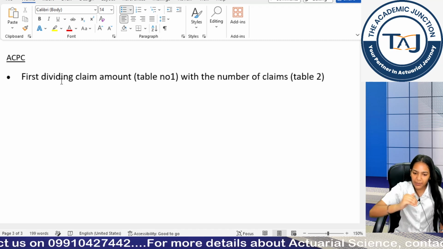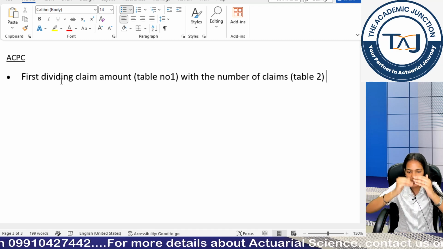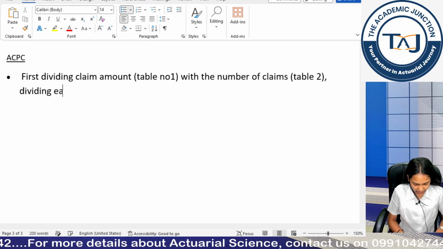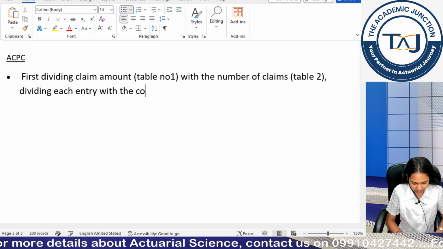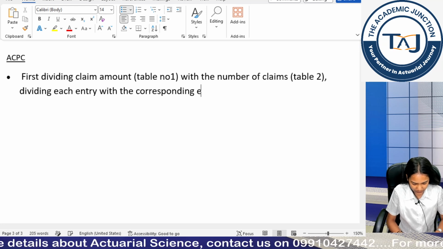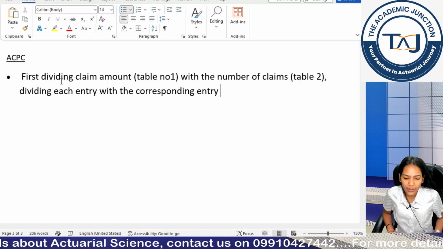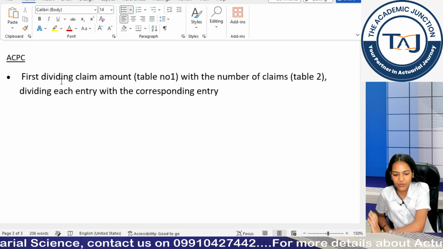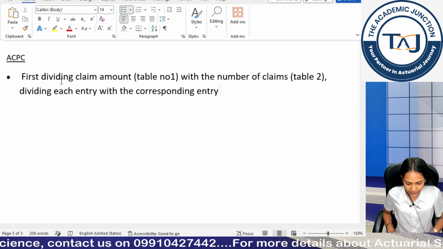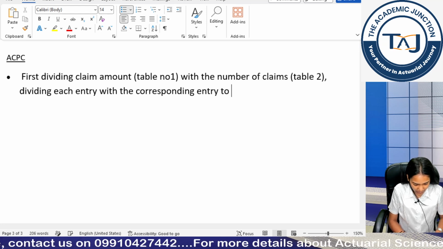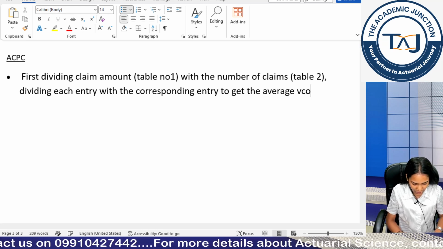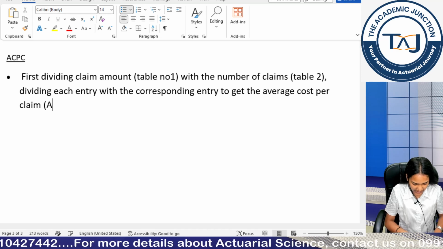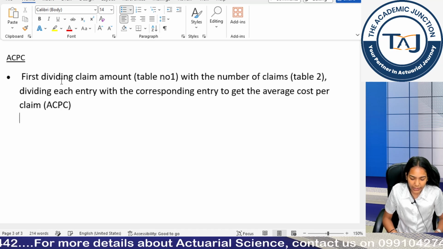You will be arranging one table below another, no? That's why that becomes my first table, second table, third table, okay. So basically we are dividing each entry with the corresponding entry. This basically means I would be dividing my first row, first column entry with the first row, first column entry of the second table, okay, to get the average cost per claim, which is my ACPC. Clear? This is your first step.